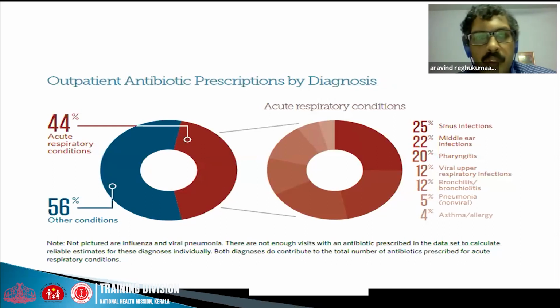What do acute respiratory conditions mean? 25% of these are sinus infections, 22% middle ear infections, 20% pharyngitis, then viral upper respiratory infections, bronchitis, bronchiolitis, non-viral pneumonia, asthma, allergy. You can see that in the majority of situations, antibiotics are not necessary.